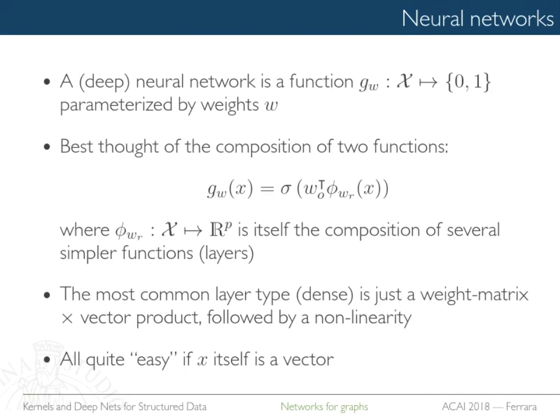Whereas the prediction parameters, W0, will be just used to do linear classification on top of it. Now this phi is maybe itself a composition of several functions, like layers. You can think any neural network works in this way, not only those for graphs.